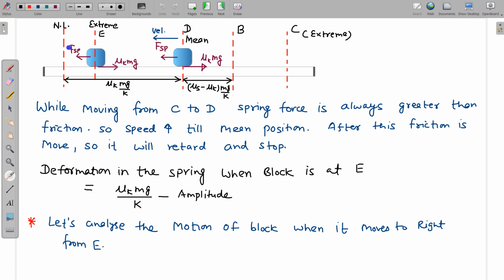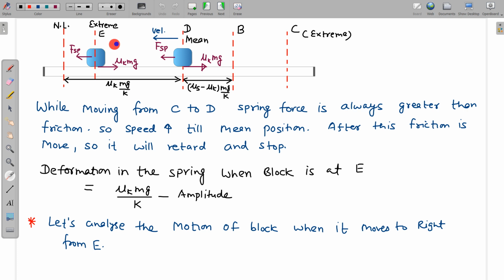So this much is the deformation, and the amplitude is the same as we have calculated earlier, because this is a simple harmonic motion in which this is a constant force. It is the same kind of SHM. So mu k mg by k is the total distance, and minus this amplitude, which we have calculated earlier, so from there we can find the deformation, and this is the minimum deformation in this particular motion, because this is the extreme.